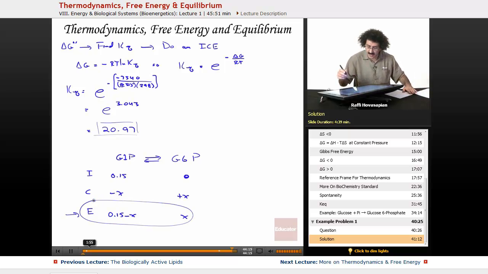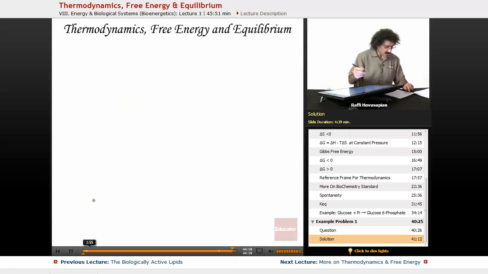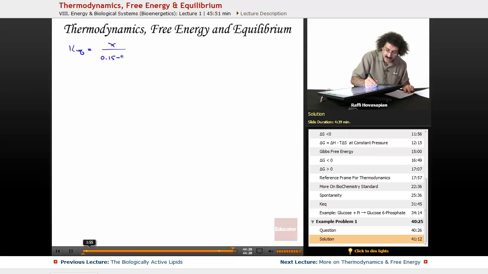Let me do the calculation on the next page. So I have KEQ equals X over 0.15 minus X, products over reactants at equilibrium. Well, this happens to equal 20.97. I know what the equilibrium constant is, so I solve this equation.